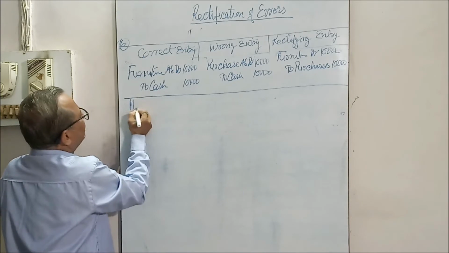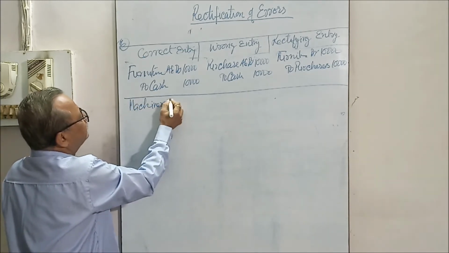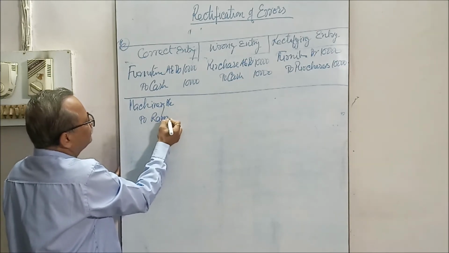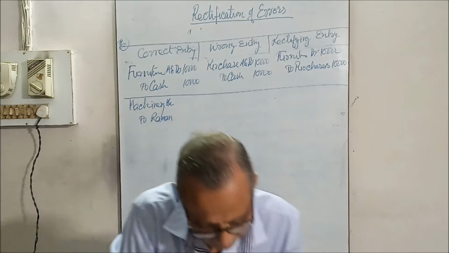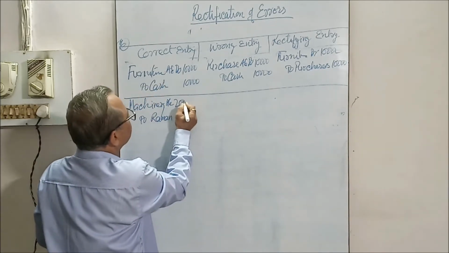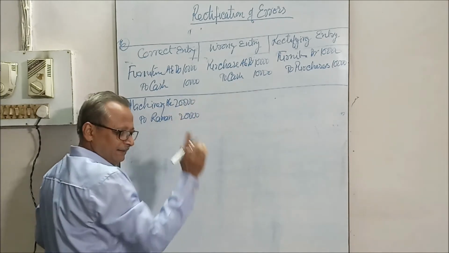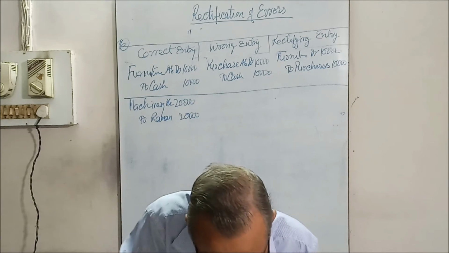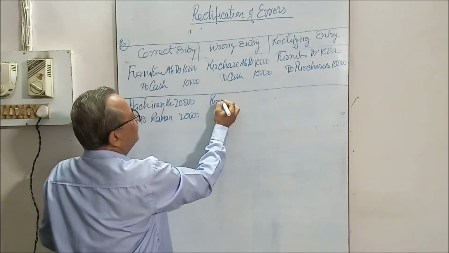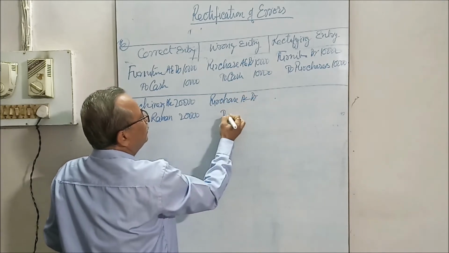Now, next B is machinery purchased on credit from Raman, 20,000. That should be machinery account debit to Raman, rupees 20,000. It is also an error of principle. But recorded in the purchase book, it was entered as purchase account debit to Raman.